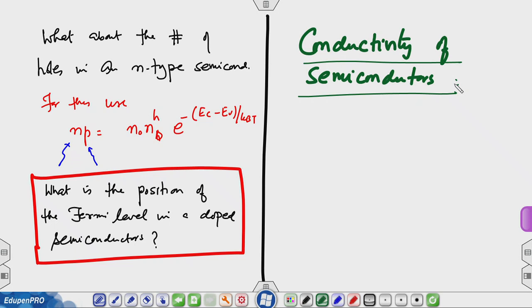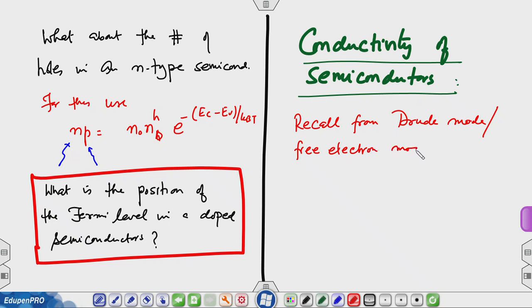Now, recall from the Drude model or free electron model that the conductivity sigma was given as n e squared tau over m.